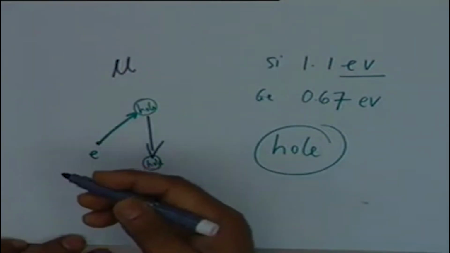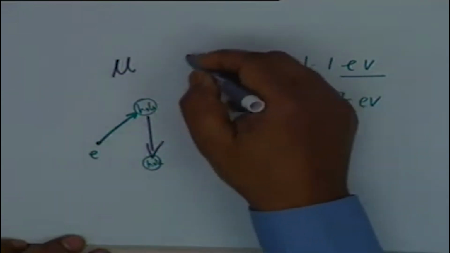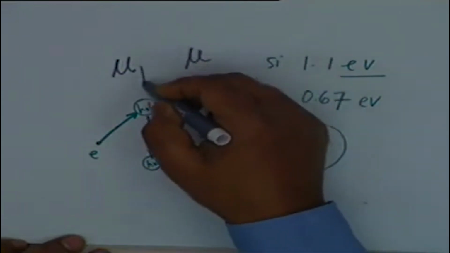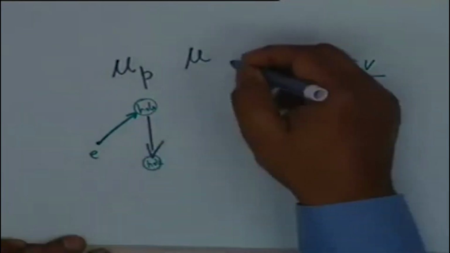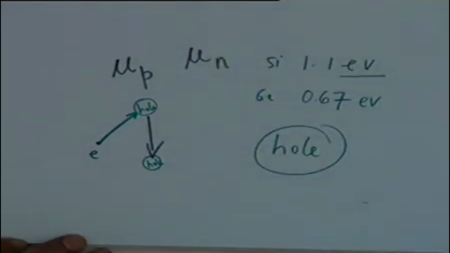There are holes, there are electrons, and therefore we shall have to talk about the mobility of holes. Instead of H we write P for positive because holes are positively charged, and instead of electrons we write N, that is the negative charges, all right.